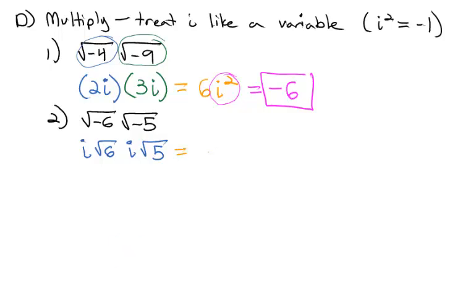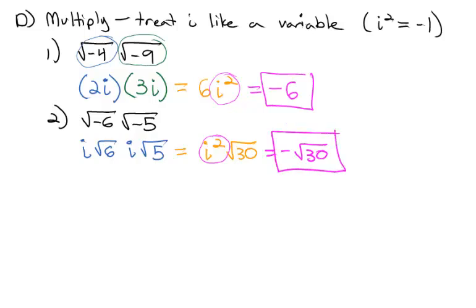And so when we multiply together, i times i is i squared. Square root of 6 times square root of 5 is square root of 30. But we also know that i squared is negative 1. So that's the same as saying negative square root of 30.